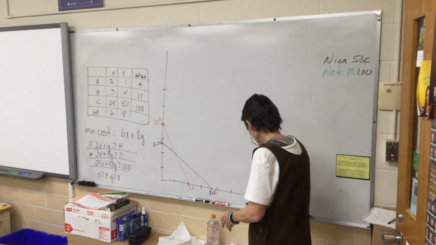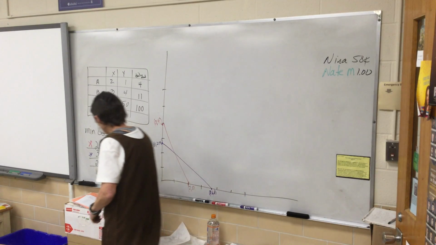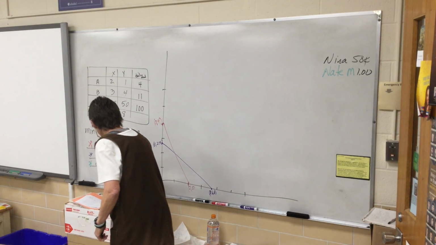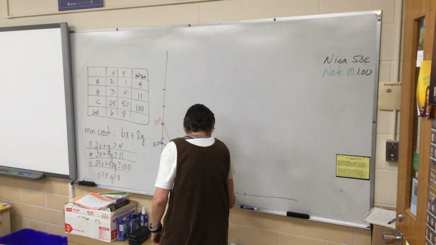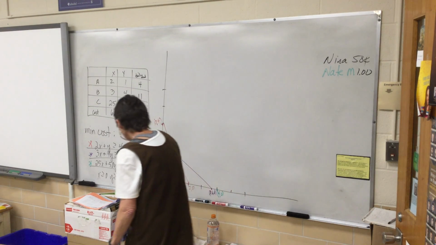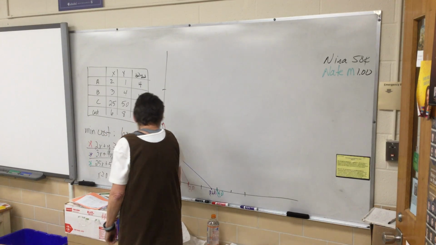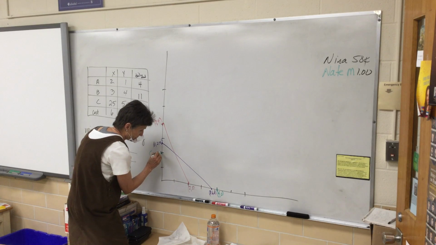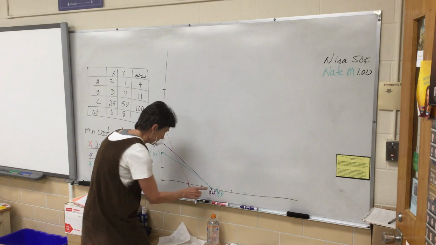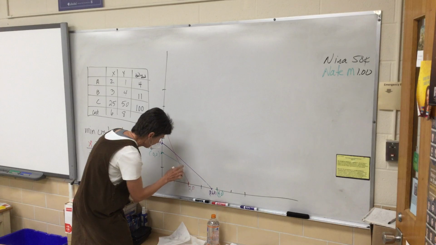I'm gonna throw one more in there on top of that. Cover up Y, we get X is 4. And cover up X, we get Y is 2. I didn't do a very good job with that line.